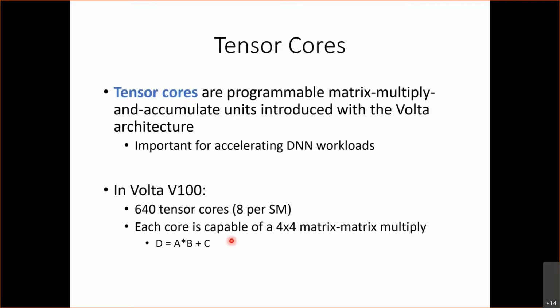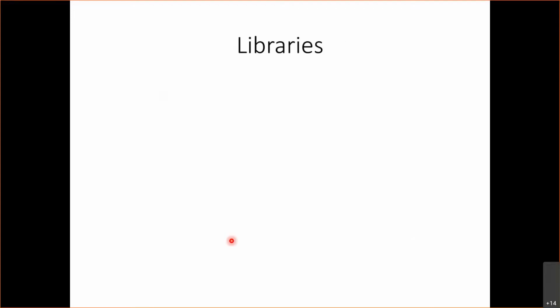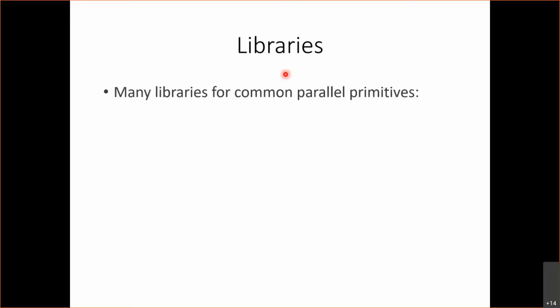Okay. The next topic we didn't get a chance to talk about is libraries. There are many libraries that are part of CUDA or popularly used with CUDA that have common parallel primitives. A lot of the primitives that we use in the course are provided in libraries. For example, there's a library called Thrust that contains primitives like reduction, scan, filter, and sort.